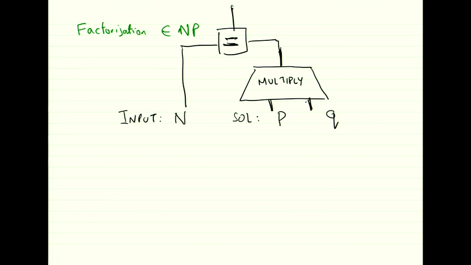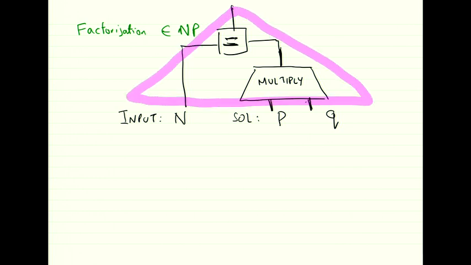Okay, so let me take this circuit. This is a circuit. It seems to have three inputs, n, p, and q, and it outputs 0 or 1.